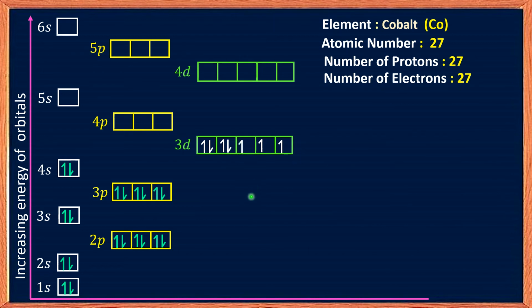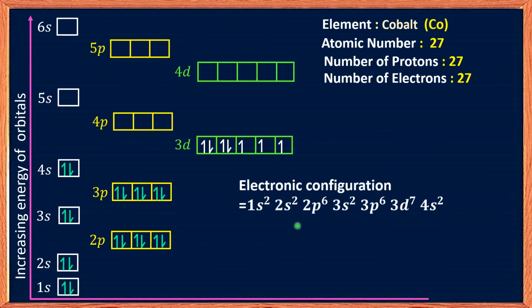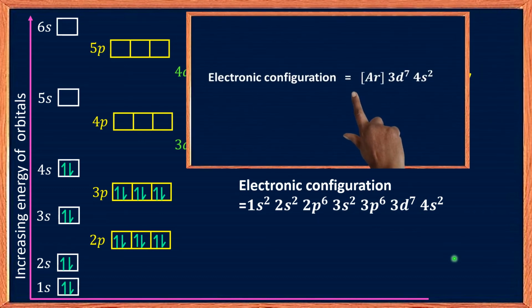Okay, so what is the electronic configuration now? It is 1s2, 2s2, 2p6, 3s2, 3p6, 3d7, because in 3d there are 7 electrons, and 4s2. Clear? So, or in the short way, we can write it as argon 3d7 4s2, isn't it?